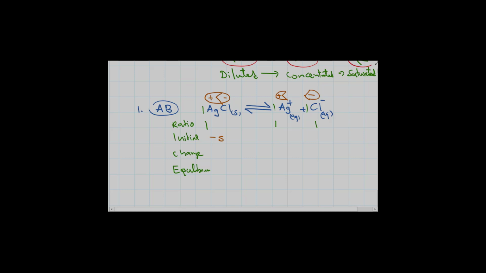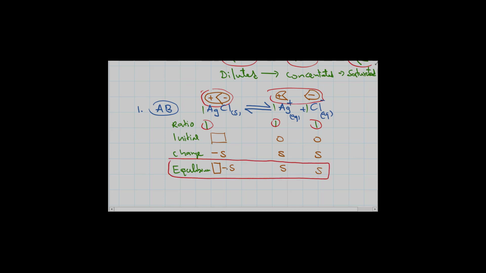Initially we have some solid, some crystals, and solids don't have a molarity, so I just put a box there. Initially there are no ions. If you lose S amount, you're going to get S amount and S amount. So at equilibrium the solid is minus S. Look at the dissociation of ions. The most important thing is the equilibrium.